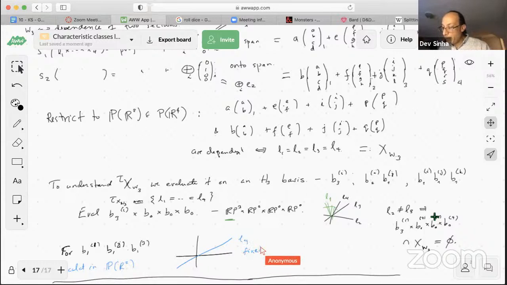Or maybe let me draw. This is my L4, which is fixed. And then L1, L2, and L3 can move around in all sorts of possible ways.